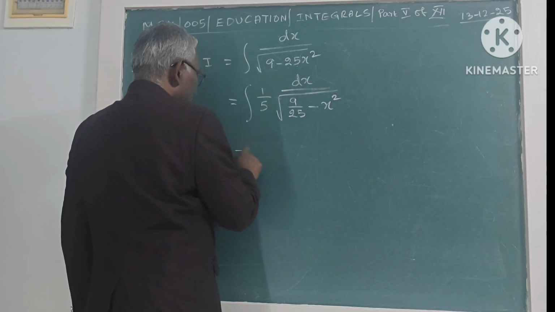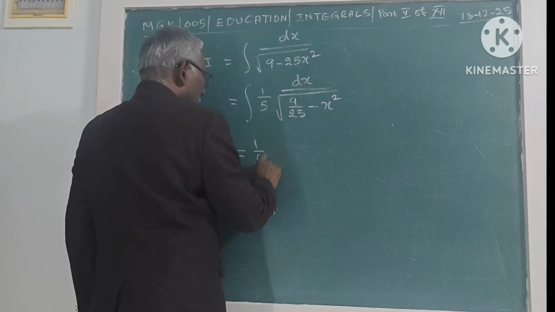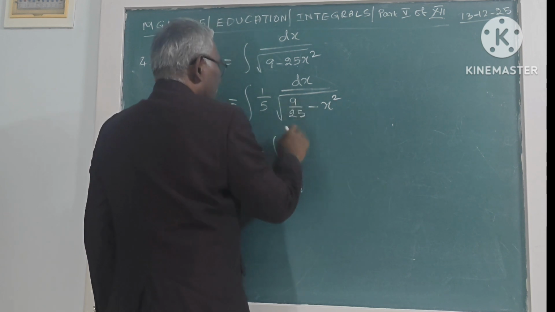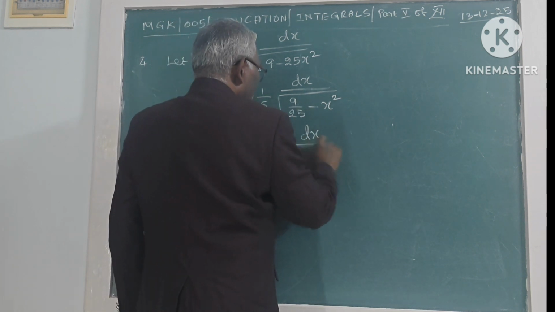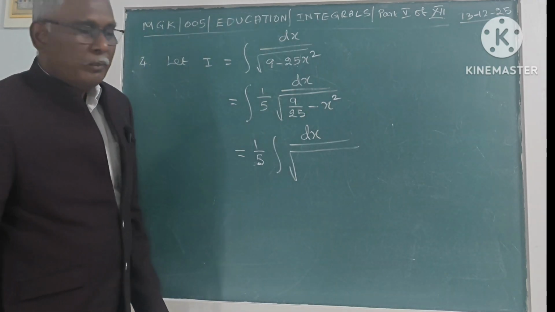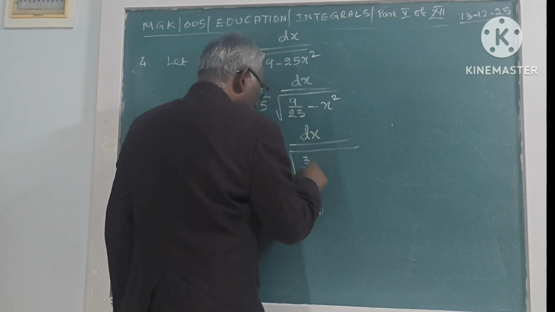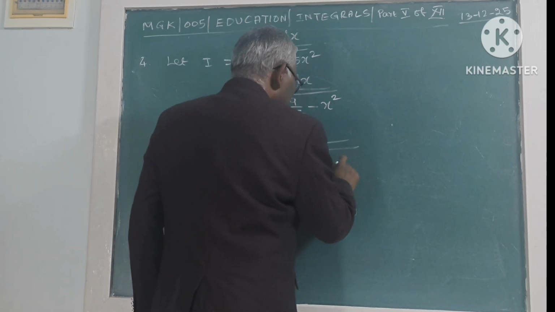This we can write as integral, this 1 by 5 we will take outside, integral dx by 9 by 25, that we can write as 3 by 5 whole square minus x square.